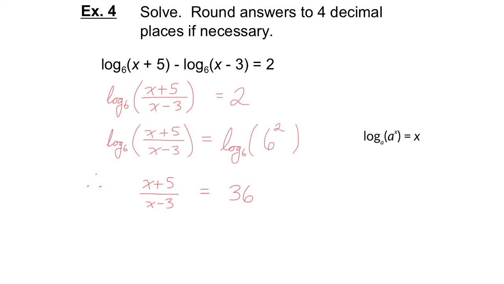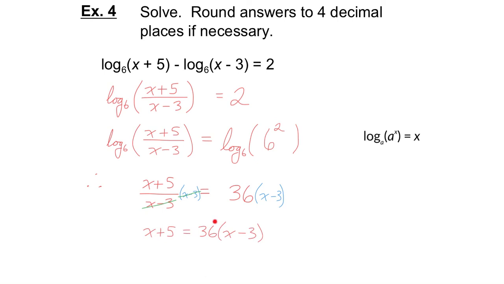So now I can proceed like I did in the previous example. I have a number equal to a fraction, so I want to eliminate the fraction. The way I do that is I multiply both sides by the denominator, whatever the denominator is. So if I'm dividing by x minus 3 and multiplying by x minus 3, they cancel out. So I'm left with x plus 5 equals 36 times (x minus 3).